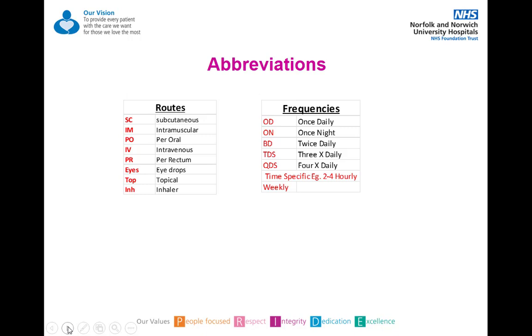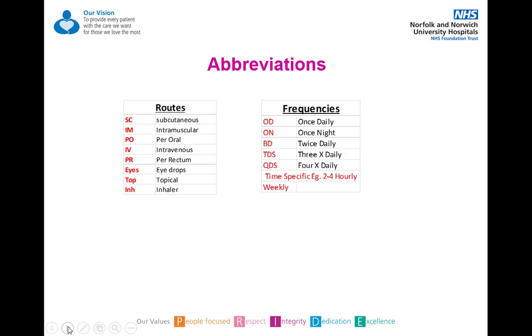So if you've got to give insulin, for instance, that will be abbreviated down to SC. Intramuscular, IM; your oral medications, PO; intravenous, IV; your rectal medications, PR; your eye drops will normally just be written as eyes.